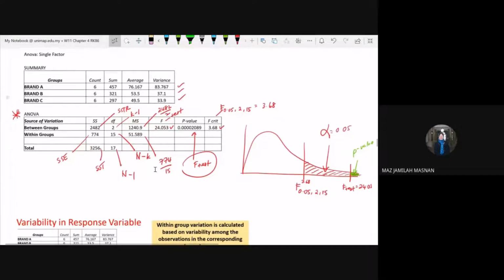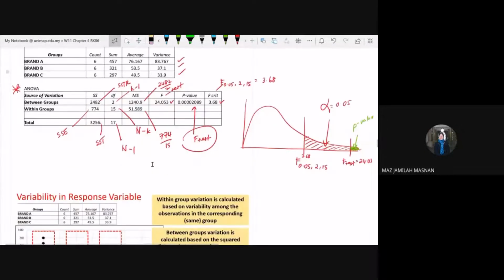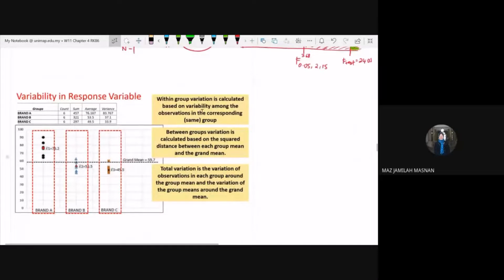Now, how does the whole thing about variability come in? Last time we discussed within group variation, between group variation, and total variation. In this case, class, I always tell my students to see the first hint from their summary table.